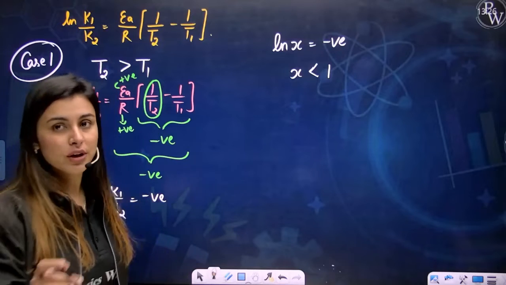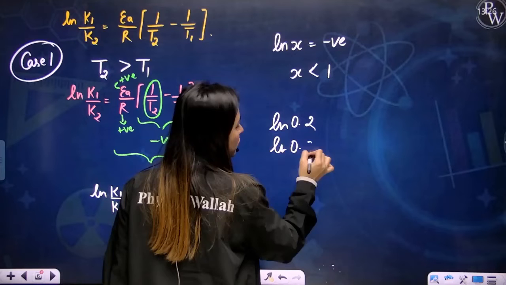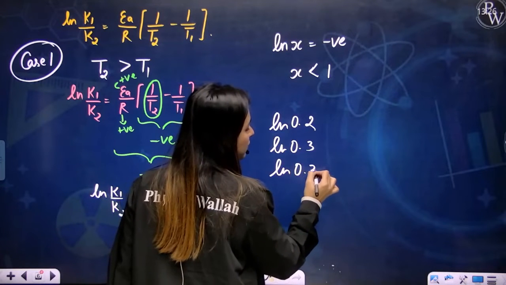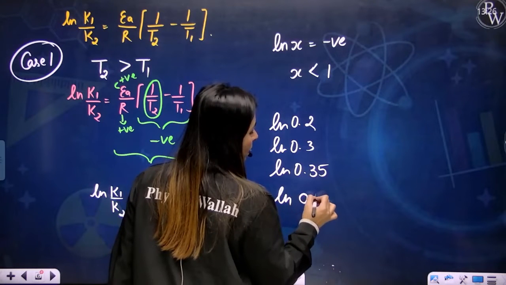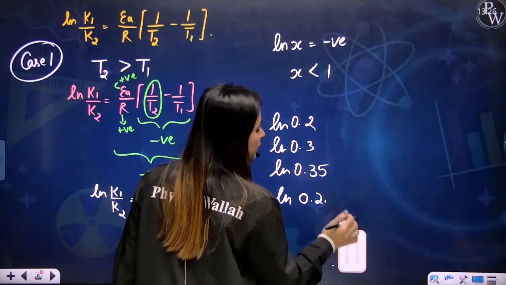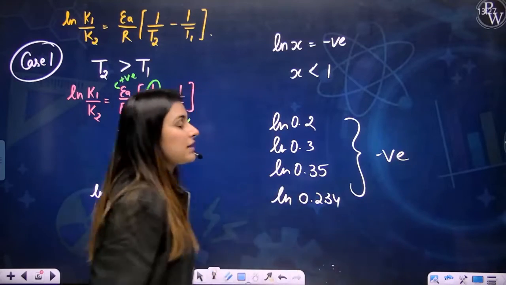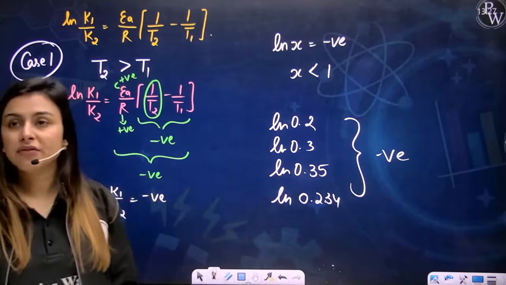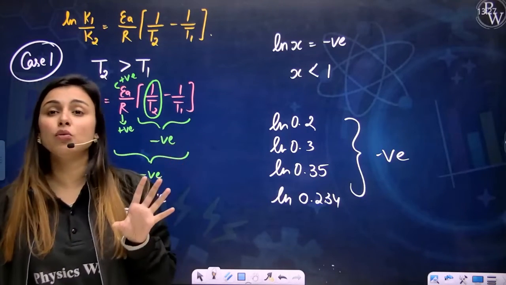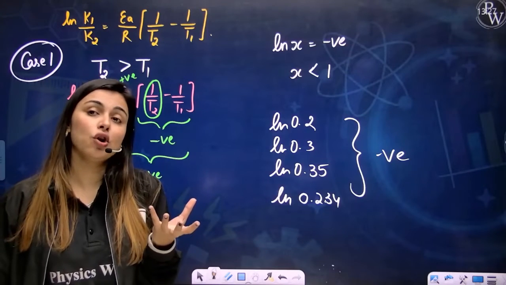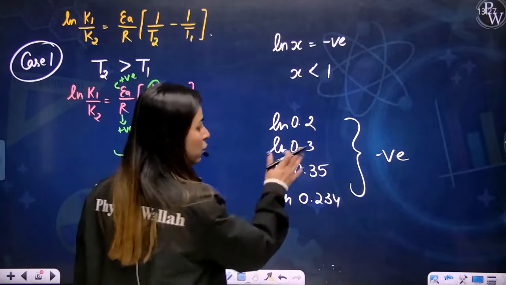This is the most important thing. ln of 0.2, ln of 0.3, ln of 0.535, ln of 0.234, all the values which are lesser than 1 will be a negative value. So if I see that the natural log of x is coming out to be negative, then definitely x is lesser than 1. Okay, I hope you're clear with this.